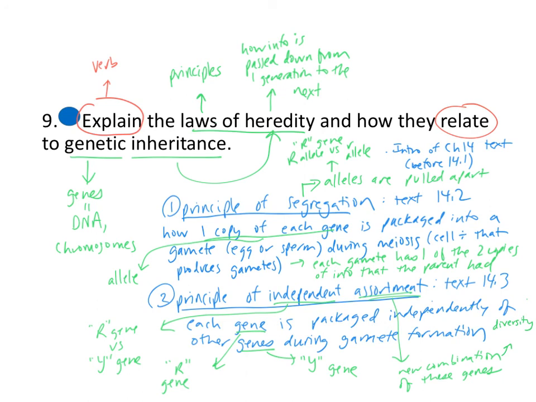And let's say that one of the parents was big R, little y, little y. The other parent was little r, big Y, big Y. So this would be round and green, and the other parent would be wrinkled and yellow.